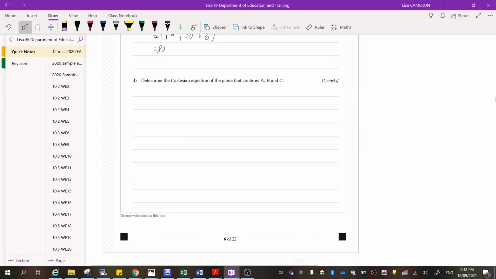And finally, part D, we need to determine the Cartesian equation for the plane that contains A, B, and C. So for that, we'll use vector n, so 6, 2, 3 that we had earlier, and A, which we found at the very beginning, so 1, 3, 0.